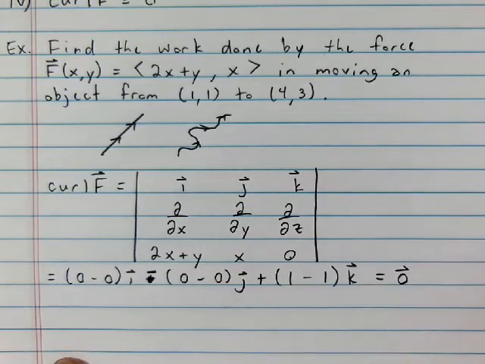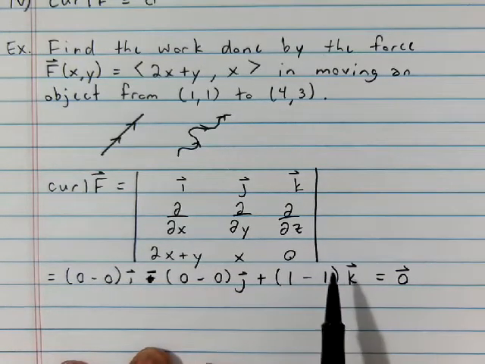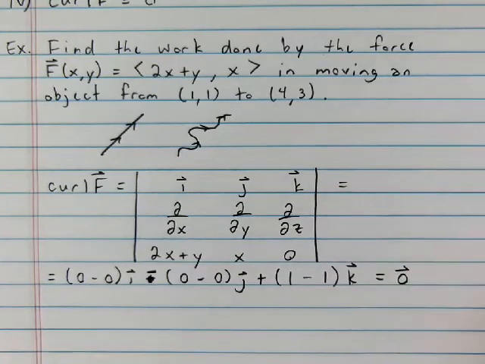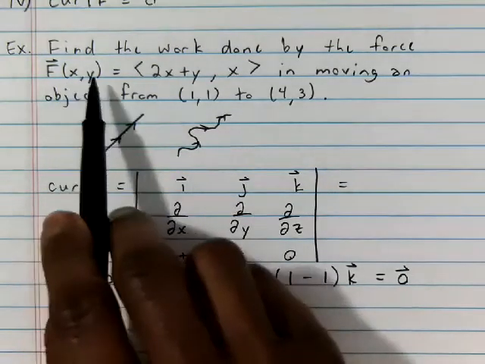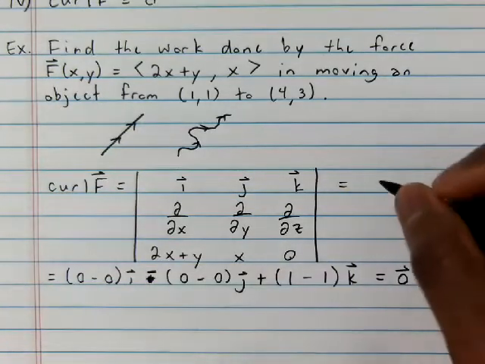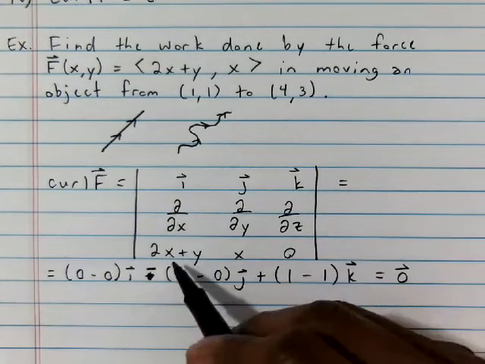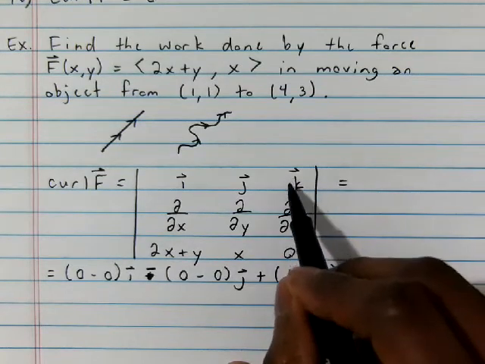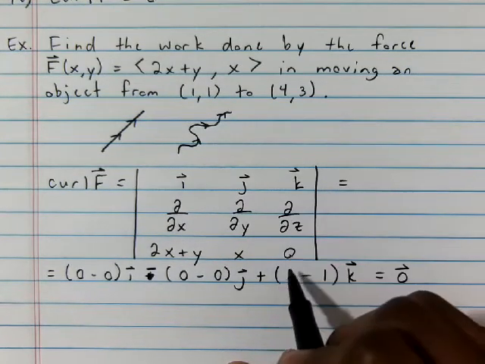So we know our curl is 0. But in general, what I was trying to get at here is that if you're doing the curl of a vector field in 2 dimensions, remember this is M, N, and P. What we end up with is ignoring that last column.